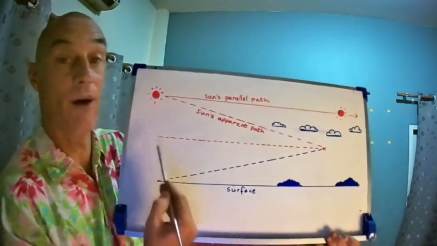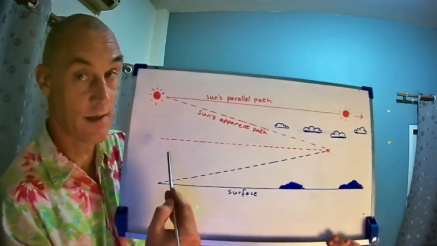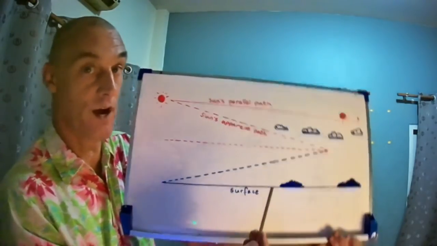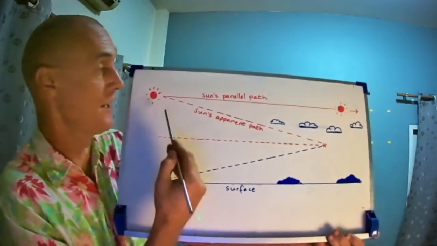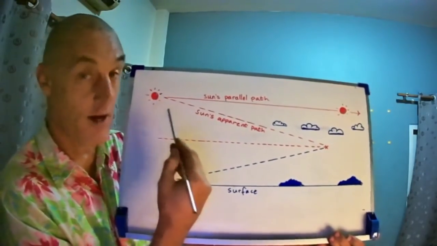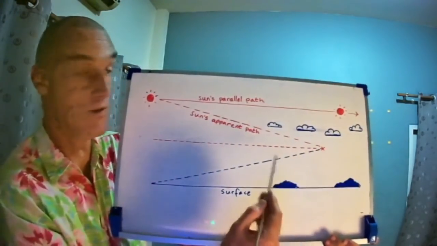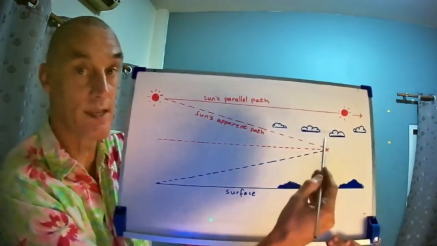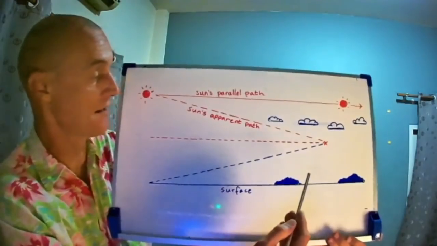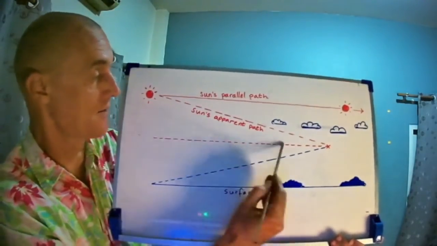So whatever our height above the surface, if it's 2 meters, then we'll see a horizon at about 5 kilometers in front of us. If it's 200 meters in the air, then we'll see a horizon about 50 kilometers in front of us. And that's where we see the sun appear to hit the horizon. So this is the sun's path.